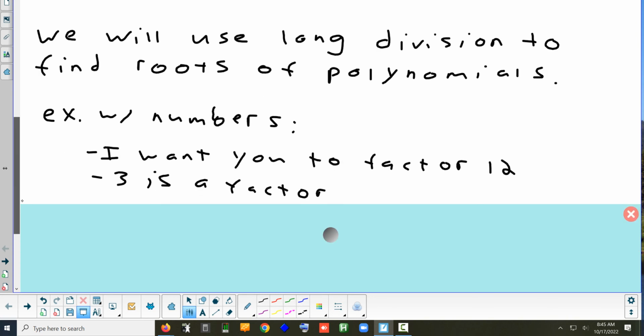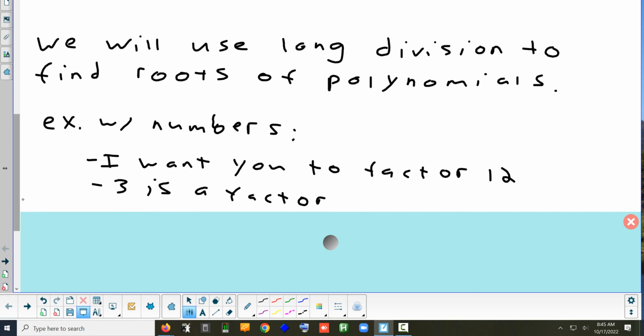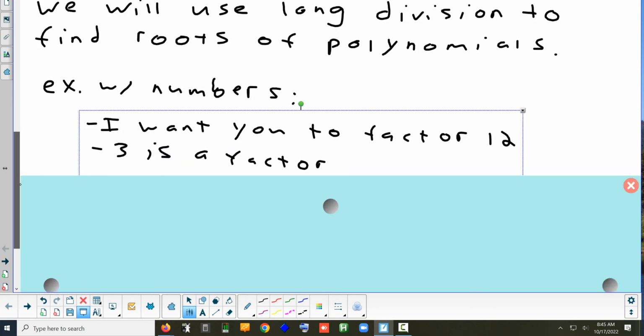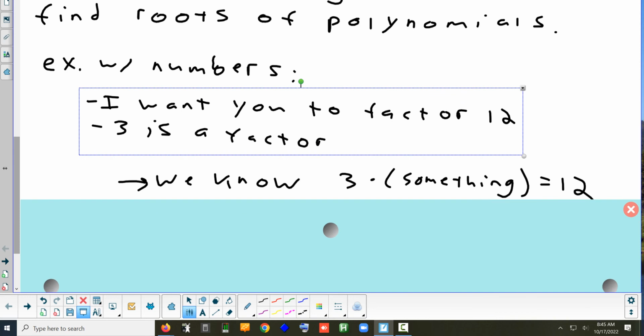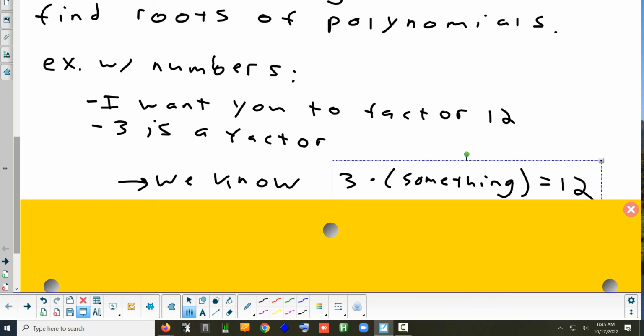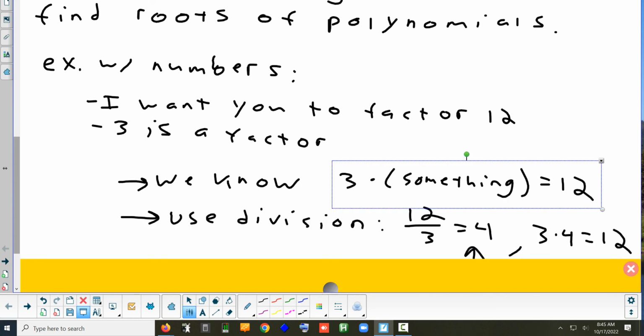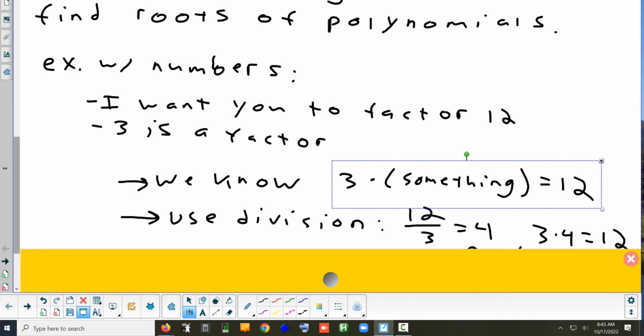You divide the number you're trying to factor by the thing that you already know is a factor. So in this case, if I tell you 3 is a factor of 12, that means 3 times something is going to give you 12. How do you find something? Well, divide each side by 3, and you get 4.